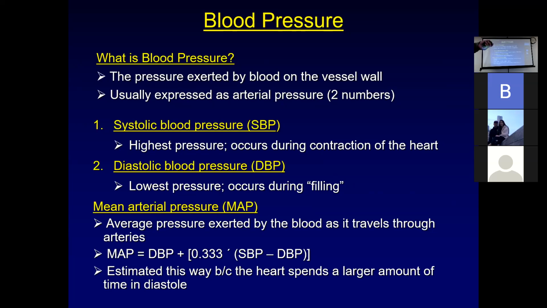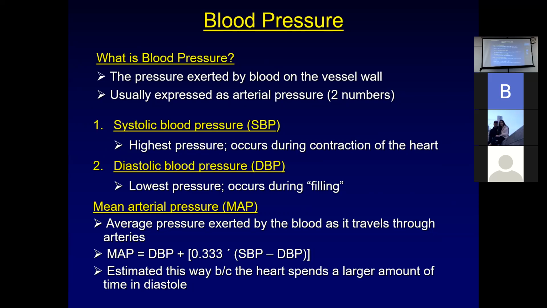The left ventricle contracts, that moves the blood, and that leads to a raising of pressure in the brachial artery. You can measure that. Then during ventricular diastole, the ventricles are relaxed, and pressure in those arteries falls. That's our diastolic. So we look at these two numbers.